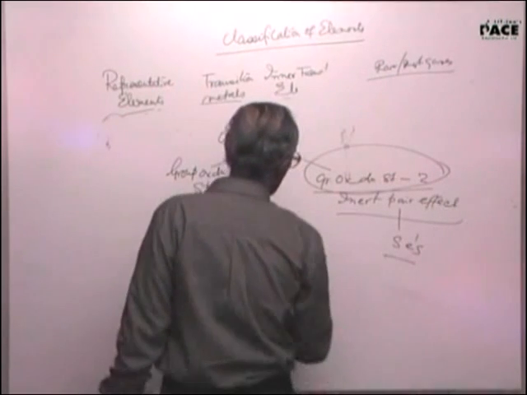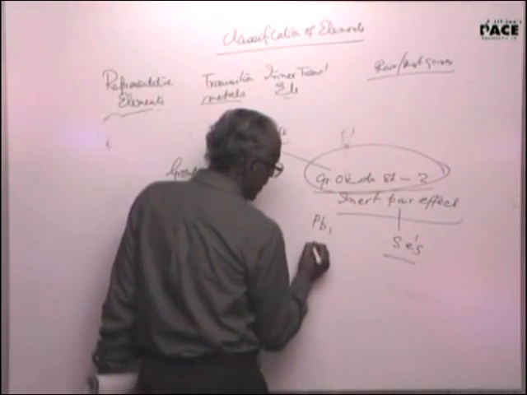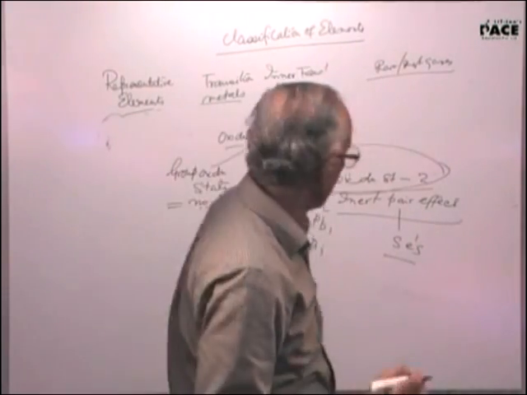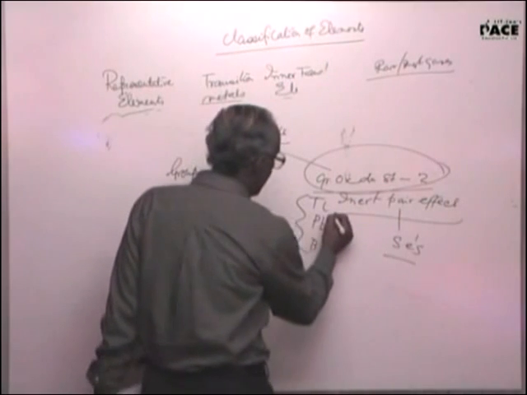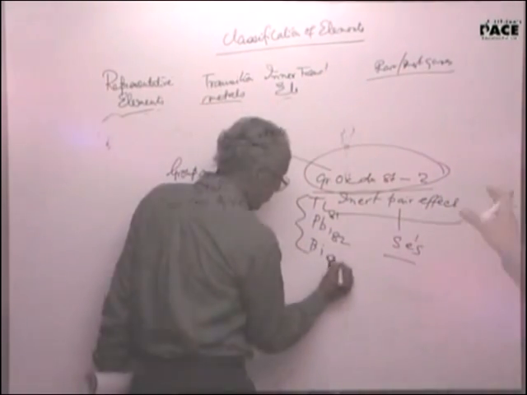This is observed in the case of thallium, lead, and bismuth. Thallium has atomic number 81, lead 82, bismuth 83.